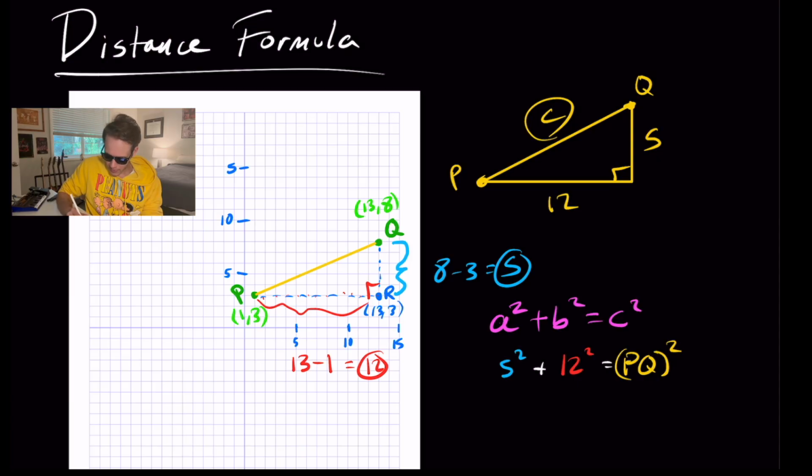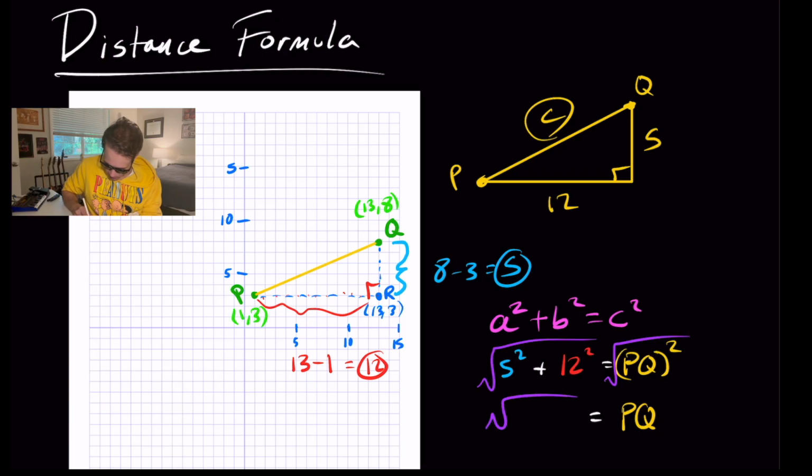Well, we want to find what PQ is. We don't want PQ squared. So how do we undo a square? Well, we take the square root of both sides. So what we'll get is PQ over here, and then on the other side of the equal sign, we'll still have all this stuff in parentheses. So it'll be 5 squared plus 12 squared.